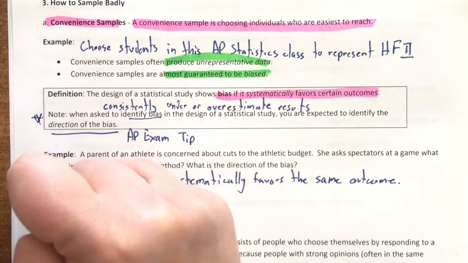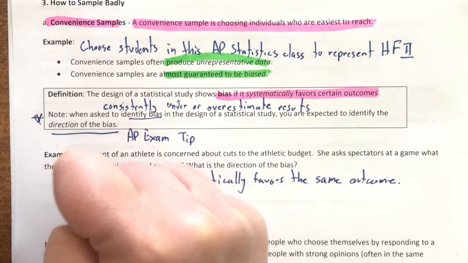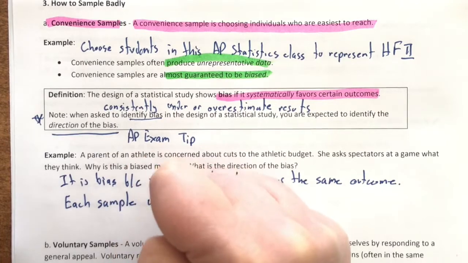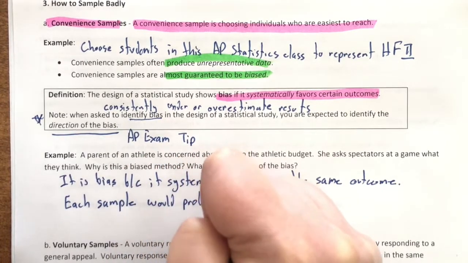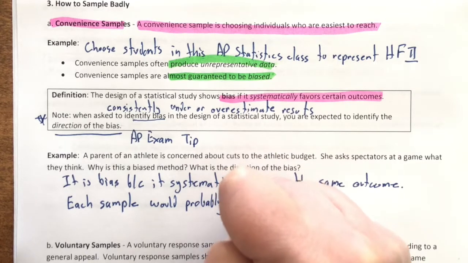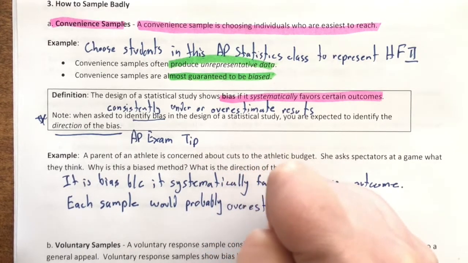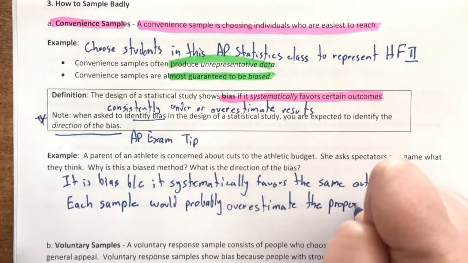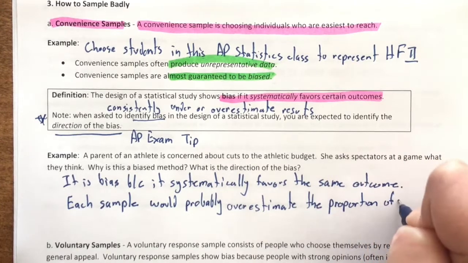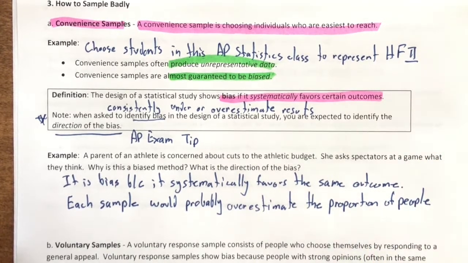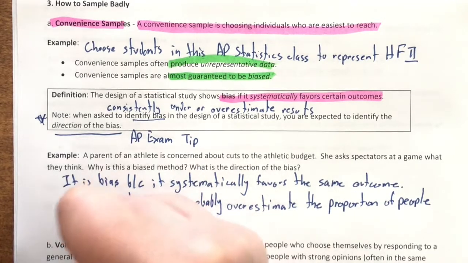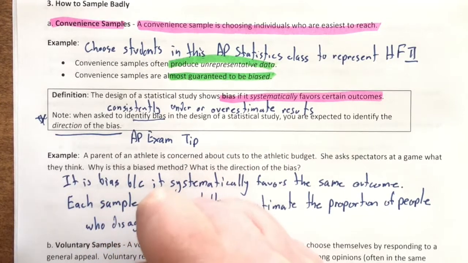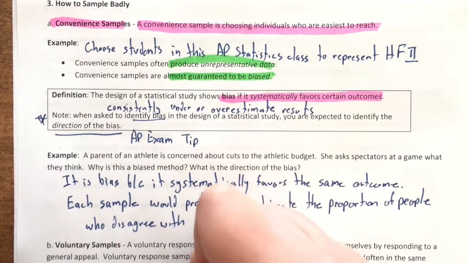Each sample would probably overestimate the proportion of people who disagree with the cuts.